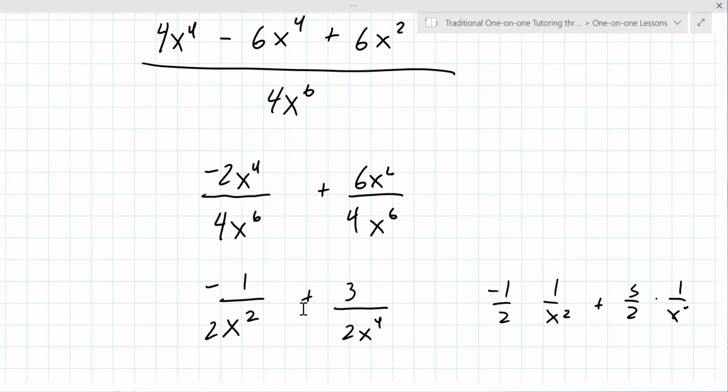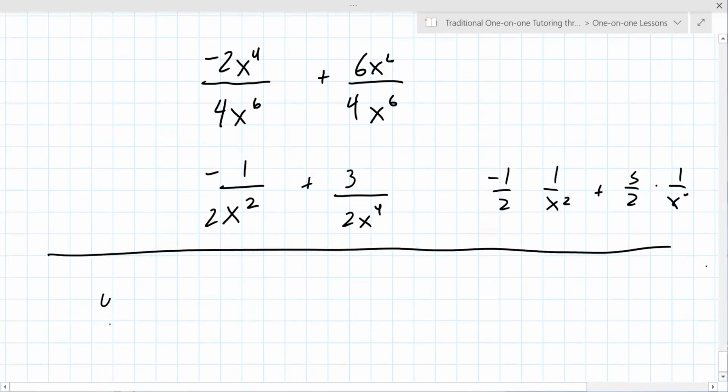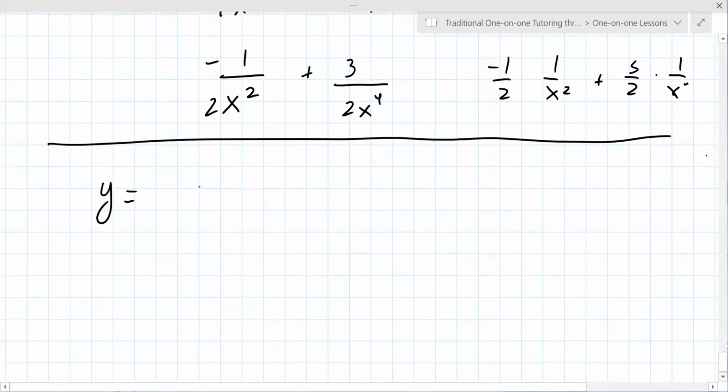Yes. Okay. All right, so let's do one more like this. I'll make it a little nicer. Let's say it's 4x minus 1 over 3x plus 1, and I want you to find y prime.